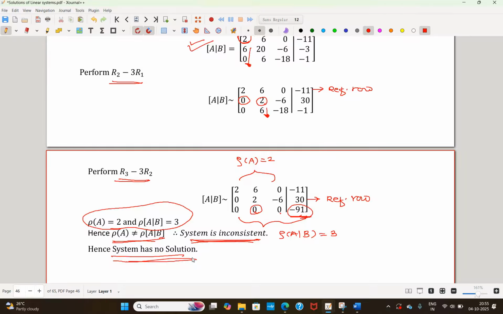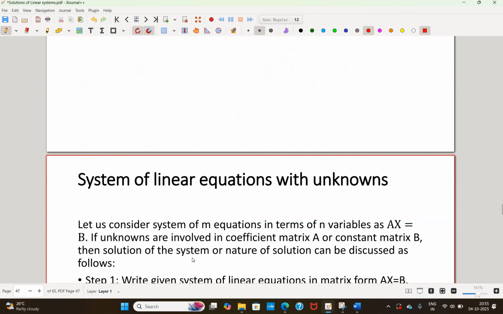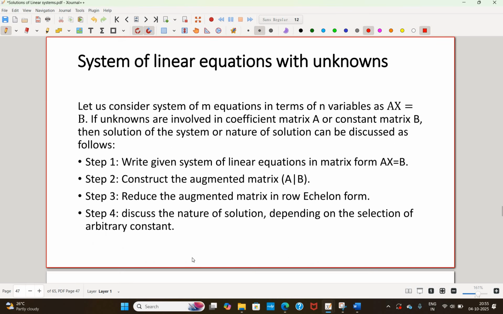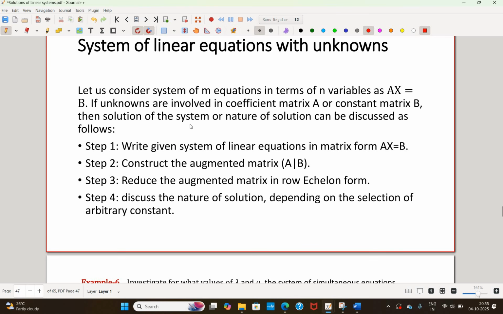Alright, here we are having one more component to study further based on the non-homogeneous system of equations. System of linear equations with unknowns. Now what is happening in this type of equation? Ax equal to b. This is your non-homogeneous system of equations. Then either in matrix A or in matrix B, we are having certain unknowns and unknown constants.